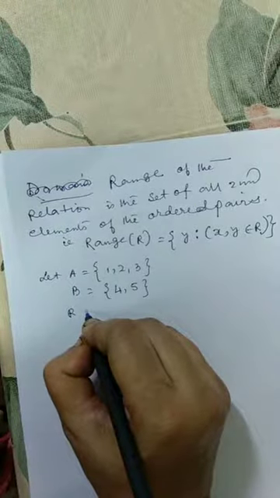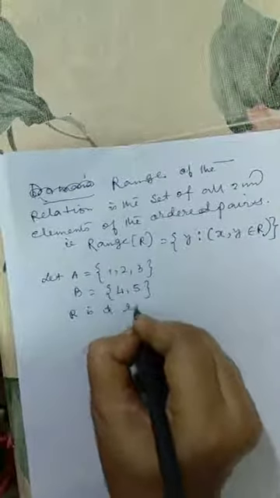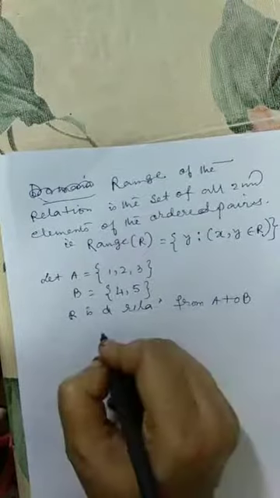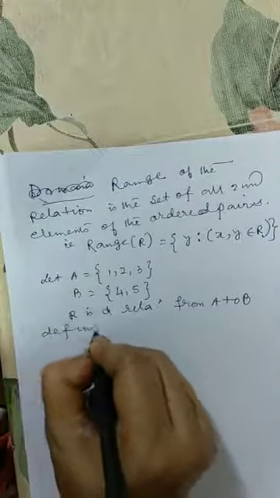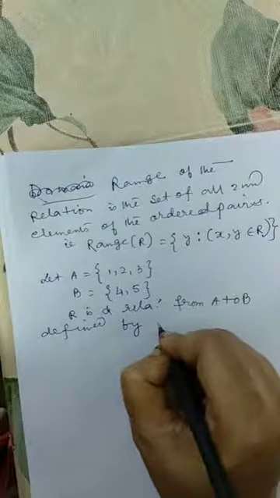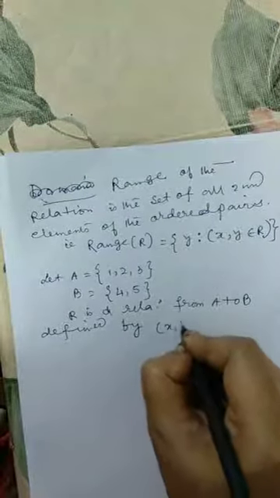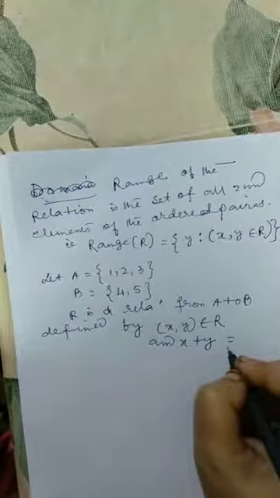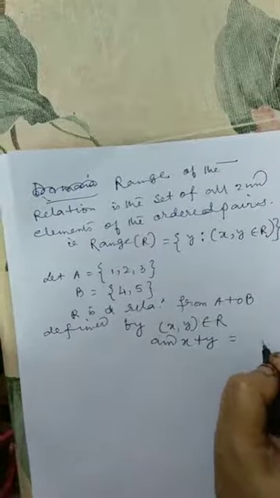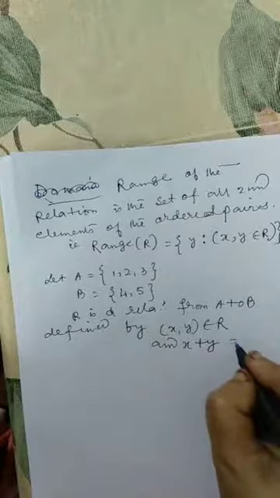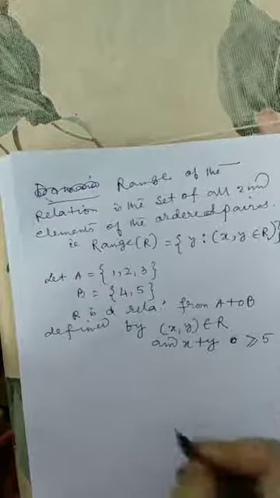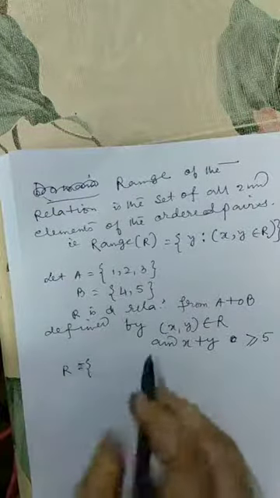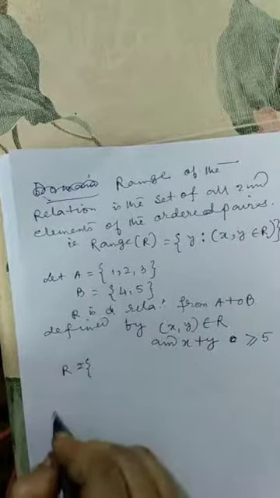R is a relation from A to B defined by (x, y) belongs to R and x plus y is greater than or equal to 5. Okay. So R I get from A cross B.